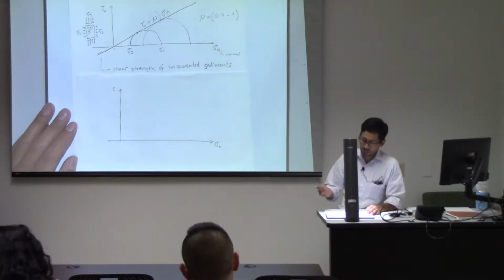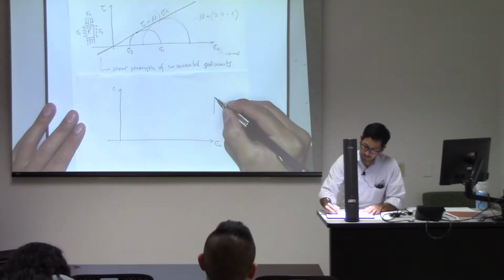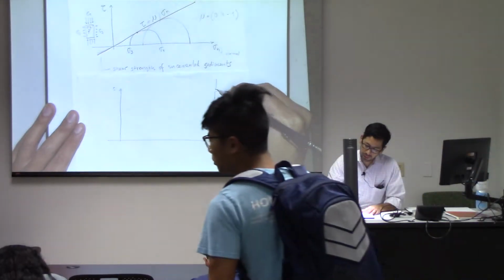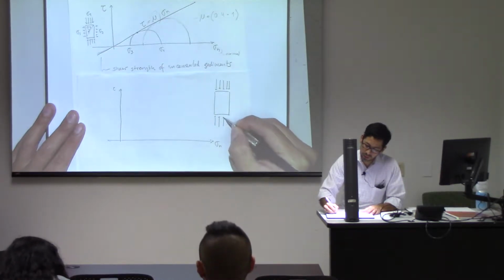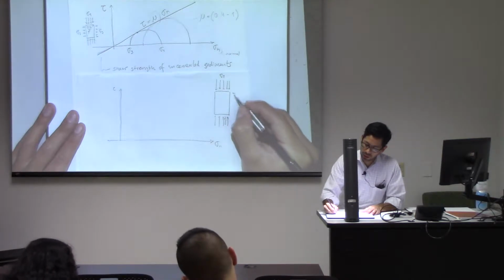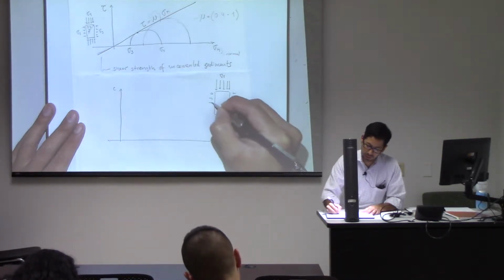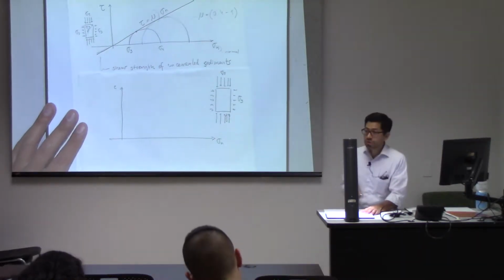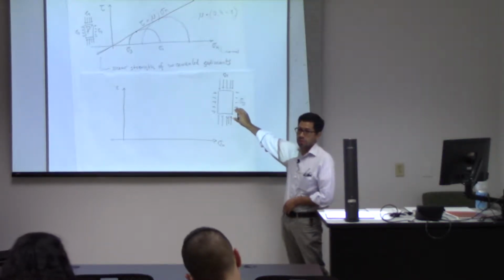So for example, if I had a solid that is subjected to an effective principal stress sigma 1 in one direction and sigma 3 in the other direction, the Mohr circle is going to allow me to plot that state of stress.